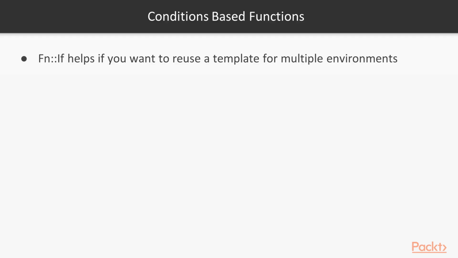Now if we explore a few other functions, there are condition based functions which are also available in CloudFormation. Condition based functions are basically things like and, if, not. So those are basic programmatic conditions. If you look into the function if, it helps us in a lot of environment use cases. For example, you have a function if and you have production, you have c4.xlarge and you have t2.micro.